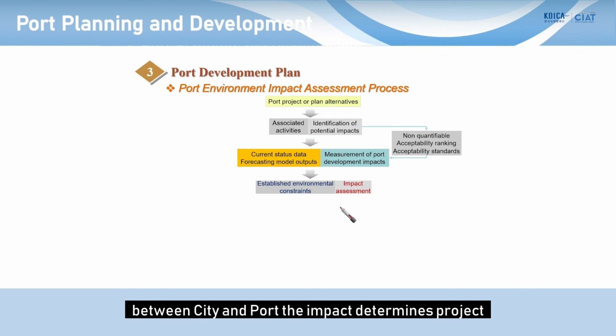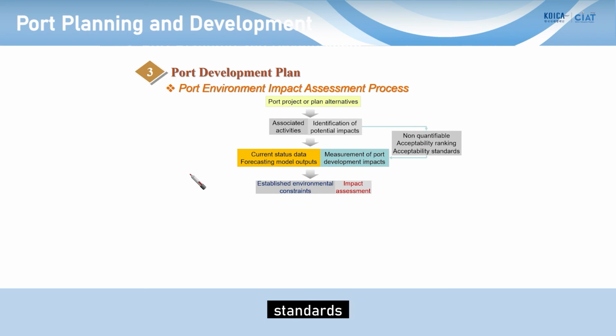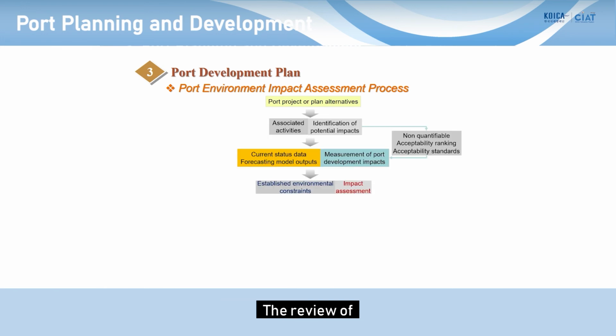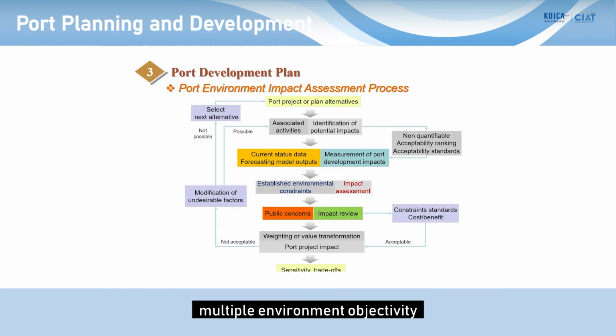The impact review determines whether a port project or alternative plan is in compliance with existing standards and regulations, and using acceptable procedures attempts to evaluate the environmental impact as a whole. A transformation of the review of multiple environmental objectives into a single value or ranking of projects is a final step in the impact assessment.